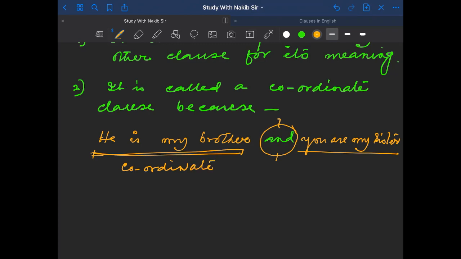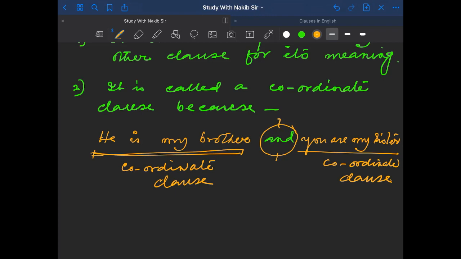Coordinate clause. And this one also, coordinate clause. They are equal. No one is depending on the other part. They are just joined or coordinated.